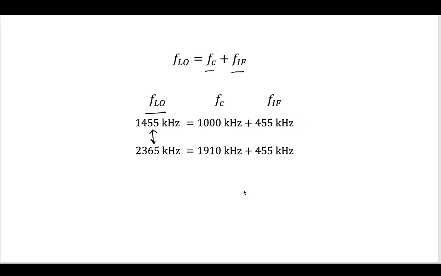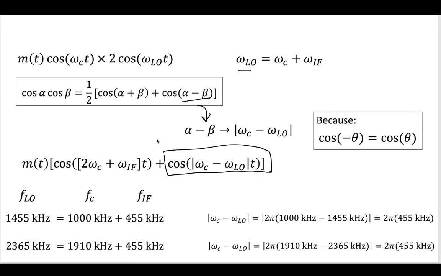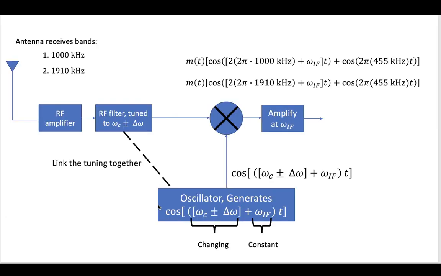So it turns out that with this superheterodyne process, if we're trying to do some filtering, trying to tune into one of these two channels, either one of those channels is going to end up at the intermediate frequency. So these two channels, we can call them image channels, because both 1455 and 2365, when mixed together with the intermediate frequency, are going to appear at the same place.